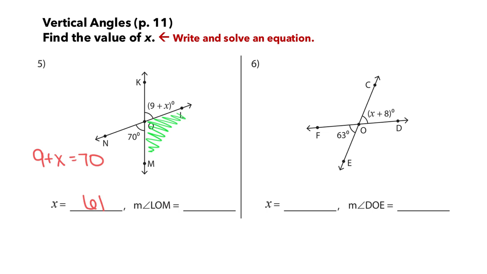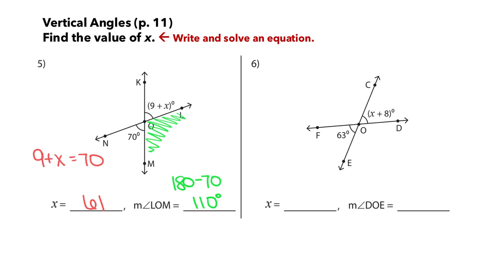What did you subtract? 180 and 70? 180 and 70, correct. And what does that give you? 110 degrees.